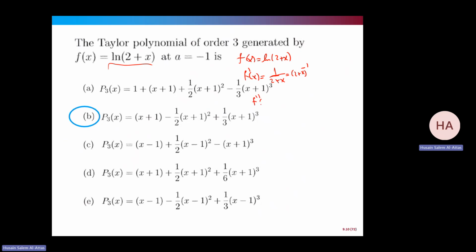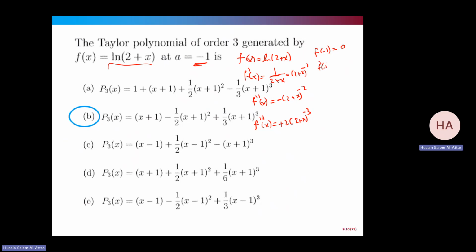F double prime will be minus 2 plus x to the power minus 2. That gives order 2, but I want order 3. F triple prime is plus 2, 2 plus x to the power minus 3. I want it at c equal minus 1. So f of minus 1 will be 0 here, 2 minus 1 is 0.